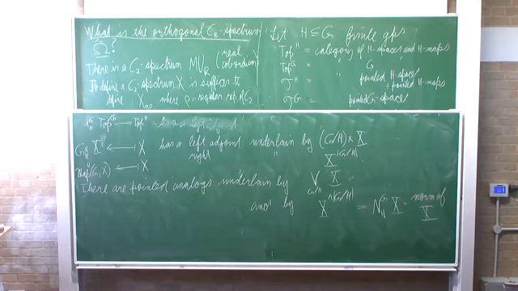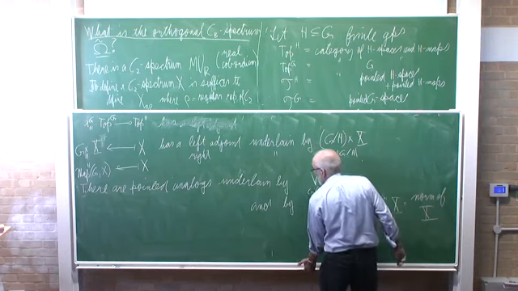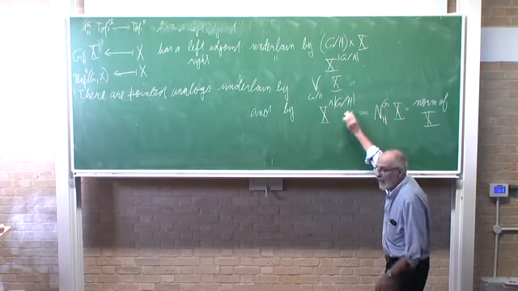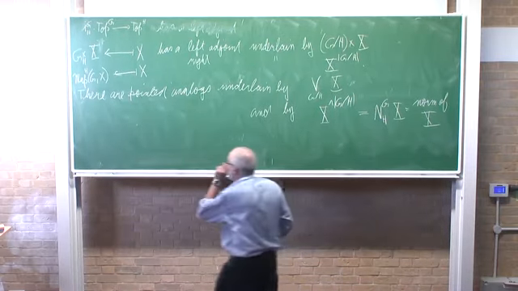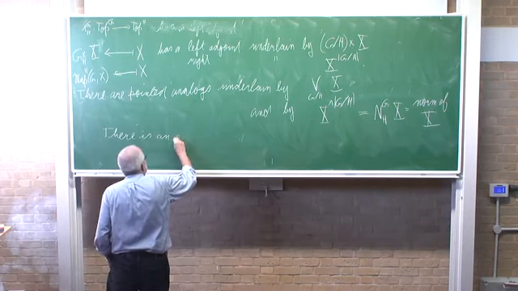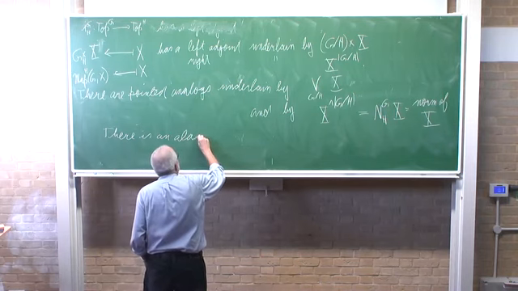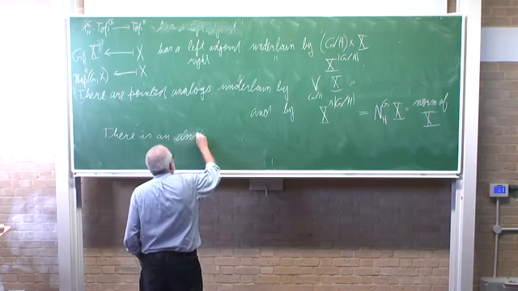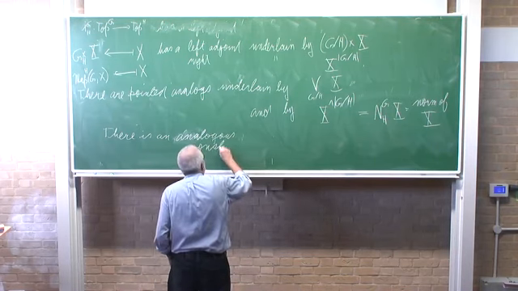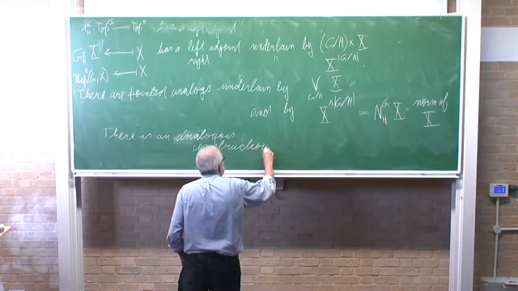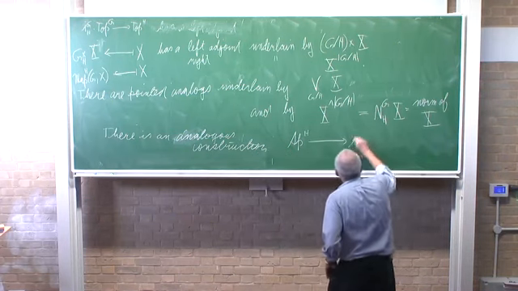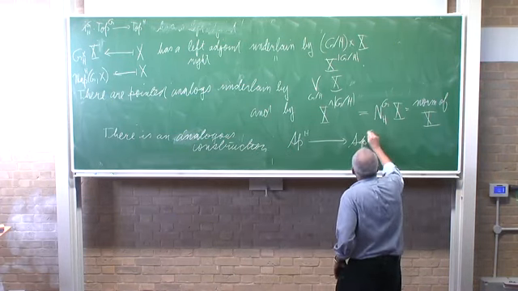Now, I'm going to wave my hands a little bit and say that there's an analogous construction on spectra. So there's a way to take an H spectrum. There's a functor from H spectrum to G spectrum.